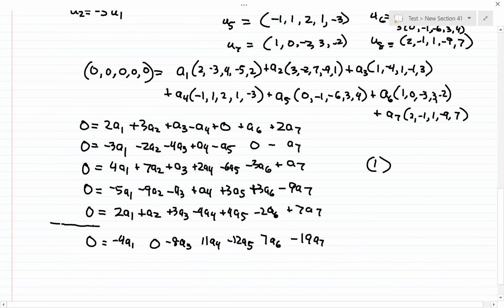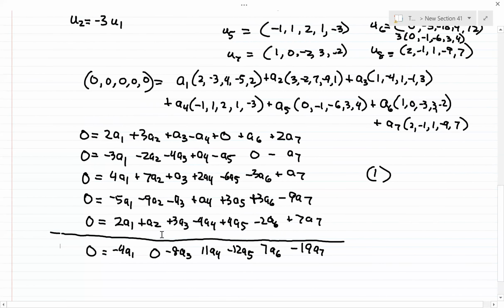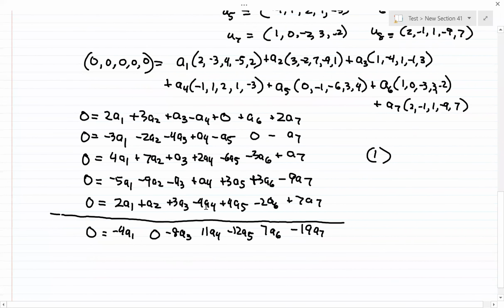Okay, so there's a line here. Check those, make sure I did it properly, but I think it's okay. I'm subtracting 3 times the first. I should check it myself. So this would be minus 4, this would be 0, this would be minus 8, this would be 11, this would be minus 12.